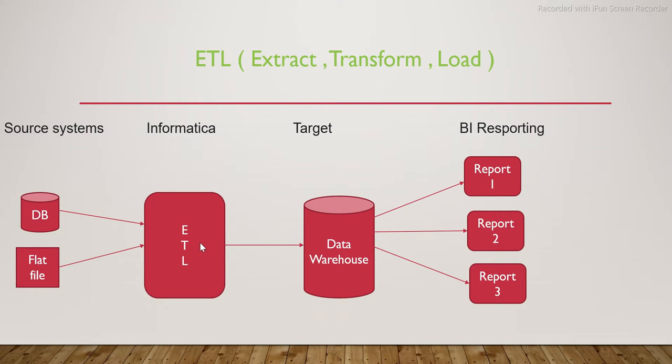Transform is basically performed by multiple readily available transformations in the ETL tool. I will just tell you one example of what kind of transformation it might be. Let's say, for example, I have a date column, right? Let's say I am getting some of the employee data in the flat file, and some of the employee data from the tables, right?